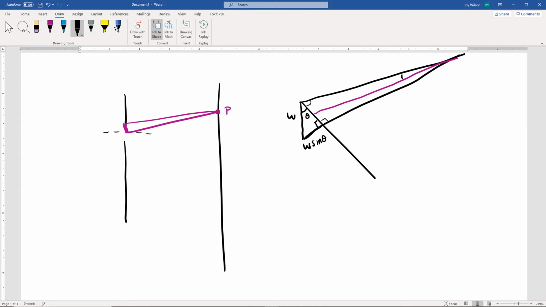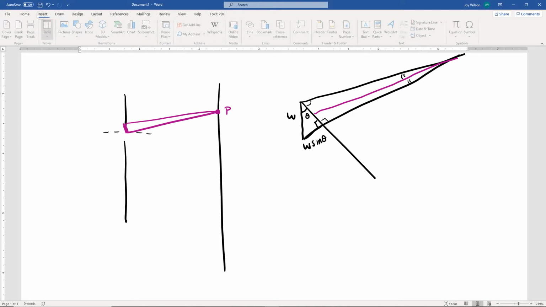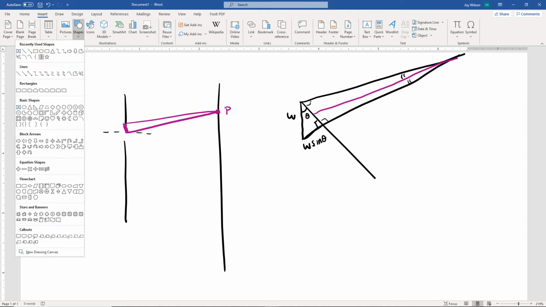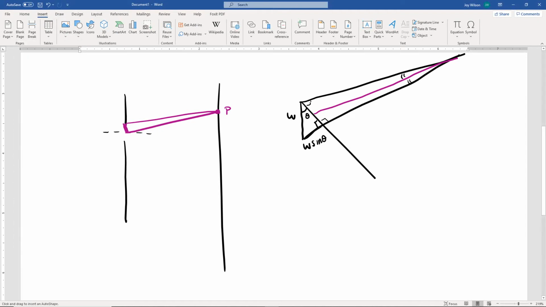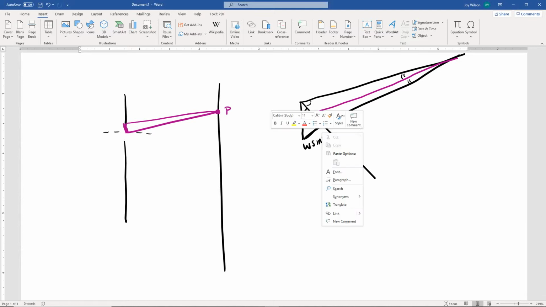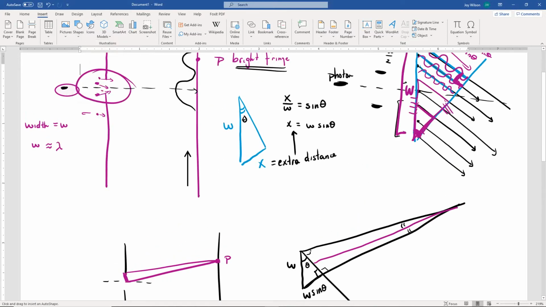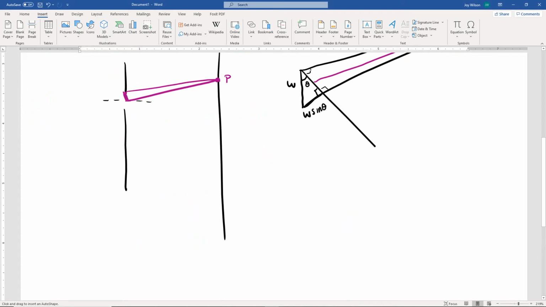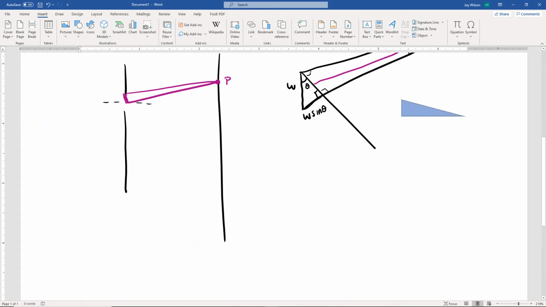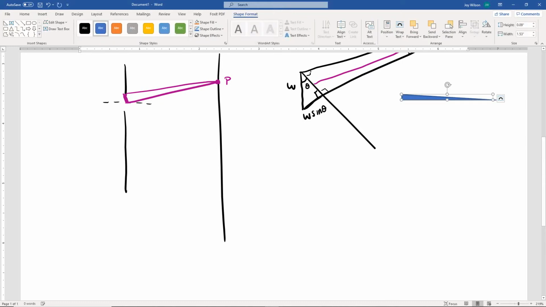And if I split the angle in half, what I've really done is I've made a really big, long, skinny right triangle. So what I've kind of got going on here is this really long triangle like that.